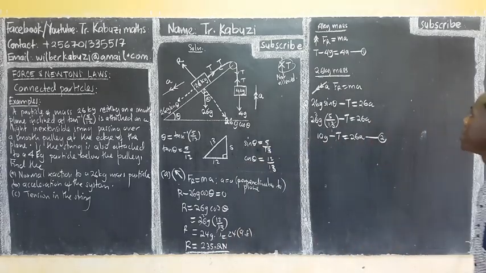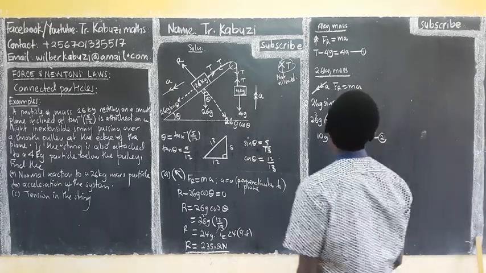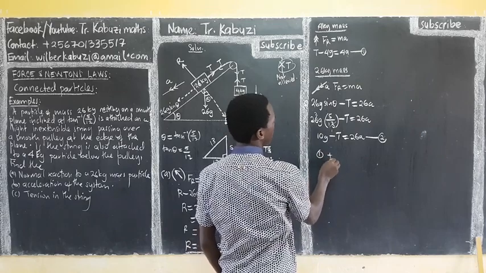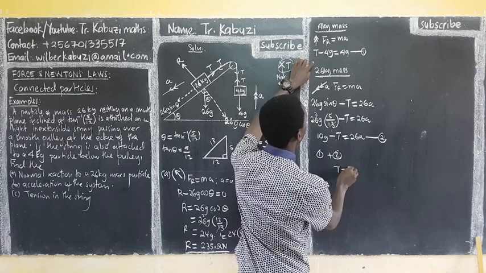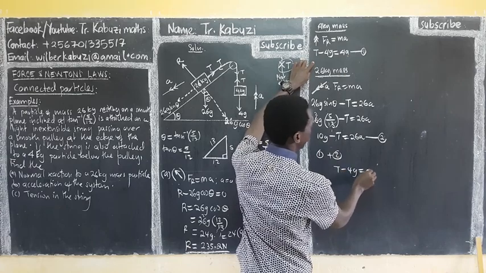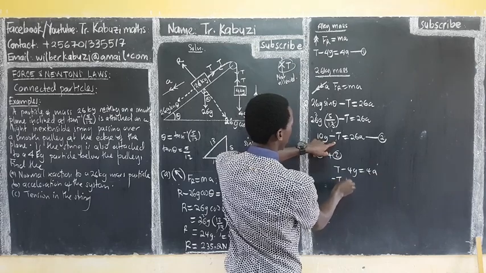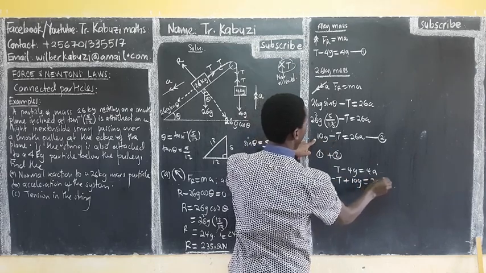Okay, after having that, I think this one is the easiest to handle. We are going to add equation 1 plus equation 2. When we add, we have T minus 4g equaling 4a, plus T... we start with this T, then plus 10g equaling 26a.